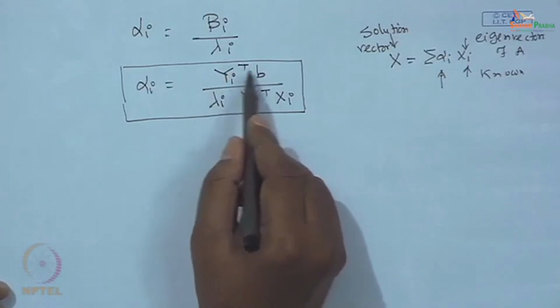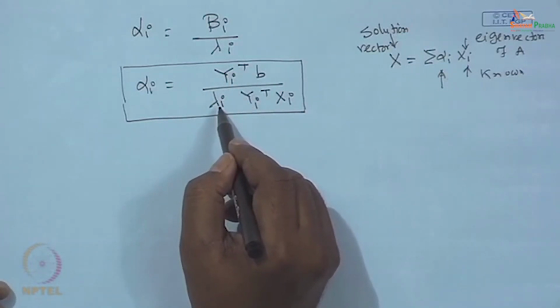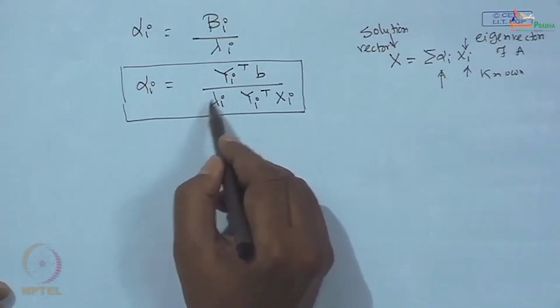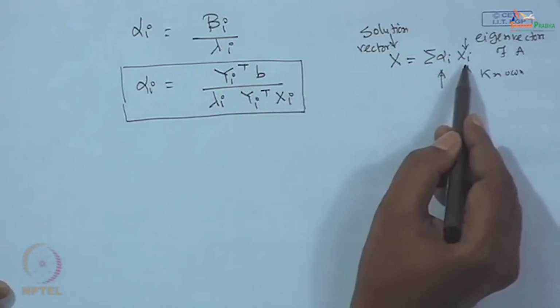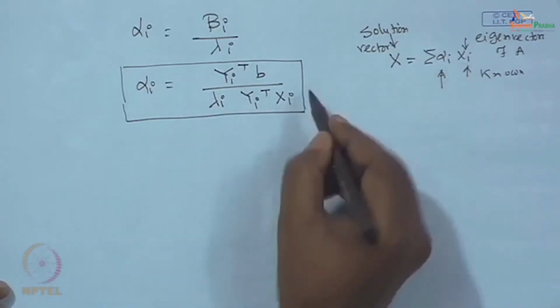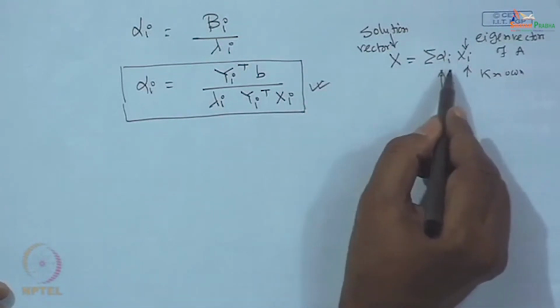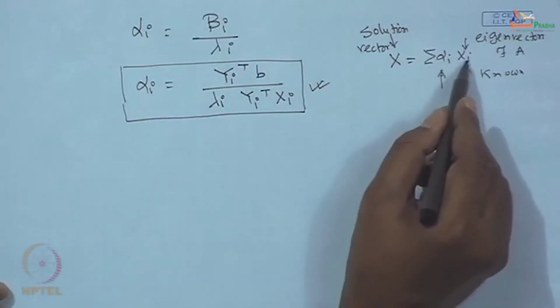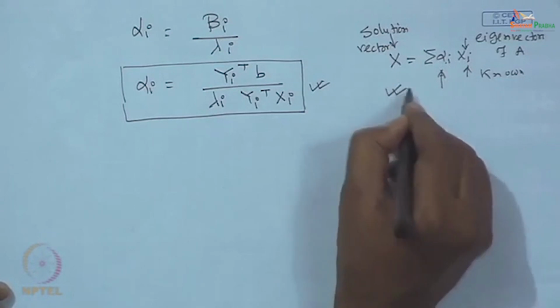So the numerator can be computed. Lambda i are the corresponding eigenvalues of A. Eigenvalues of A and A transpose are identical, we have already proved that. So this is also known, the numerator is known, and the x i's are the eigenvectors of A, they are also known. So alpha i can be computed. Once alpha i is known, and x i's are known, you can get the solution vector x.